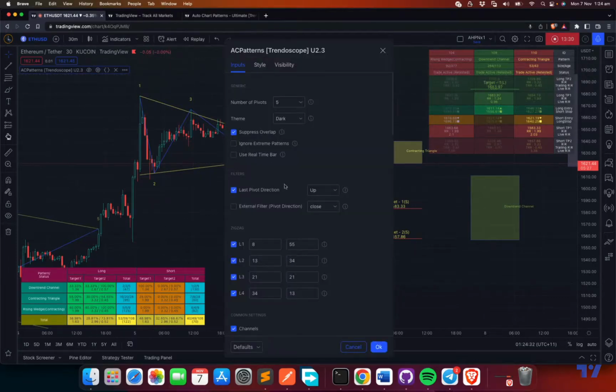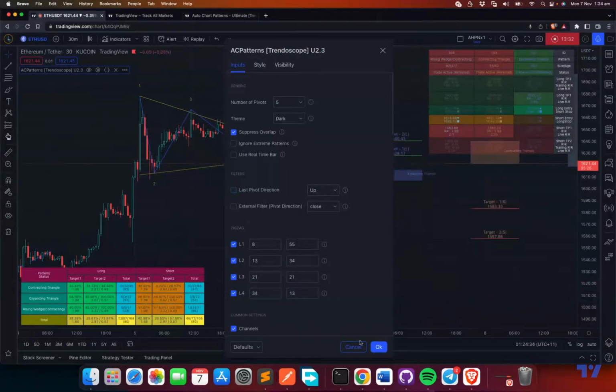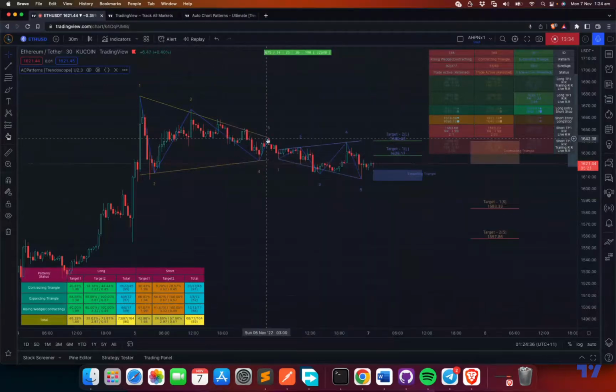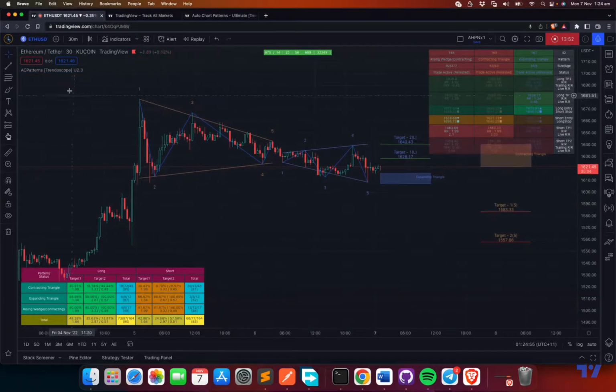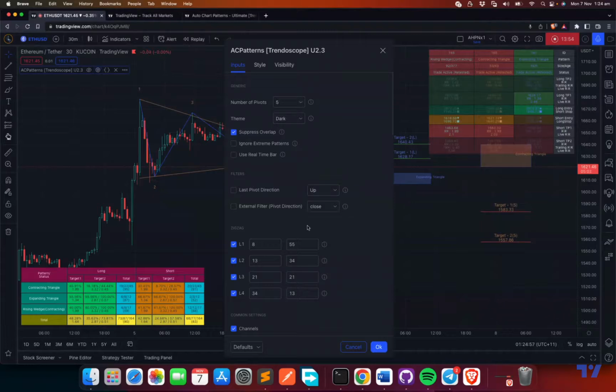I added that just to study the probabilities: if the direction is up, how many of them will reach target one and target two on the upside, or if it is down, how many of them will reach down, and all this kind of thing. But you don't need to use them. If you want to study further, you can use them, but do not use them for trades unless you are completely sure about it.